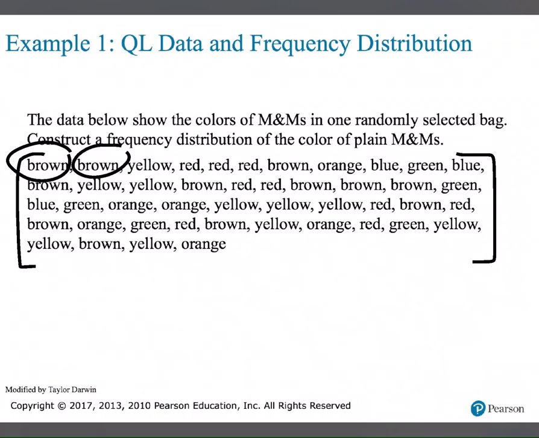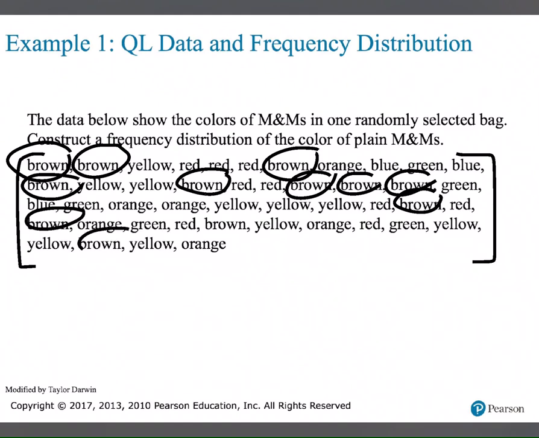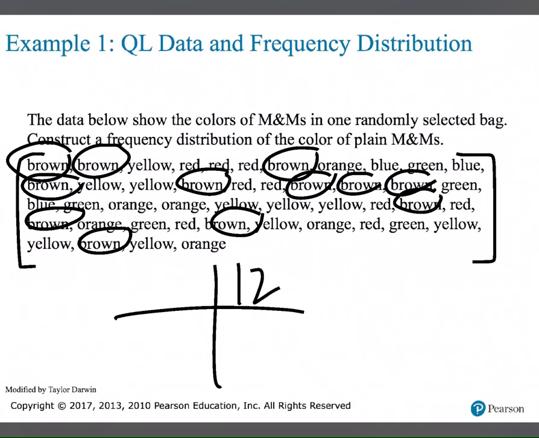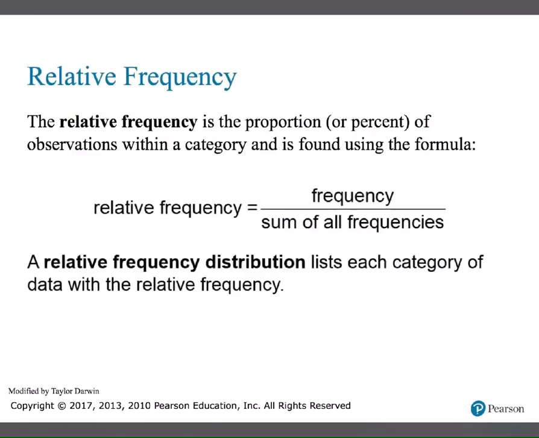I've got 1, 2, 3, 4, 5, 6, 7, 8, 9, 10, 11, 12. 12 browns. That's where I'm going to get my number, and I'm going to do that for every single one of them. So bear with me, but I will be using this in a second.